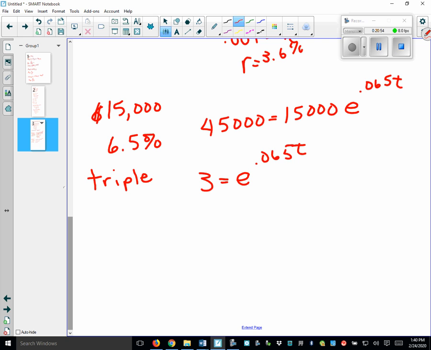Now what? ln. ln of 3 equals 0.065t. What is t? Years. 16.9 years.